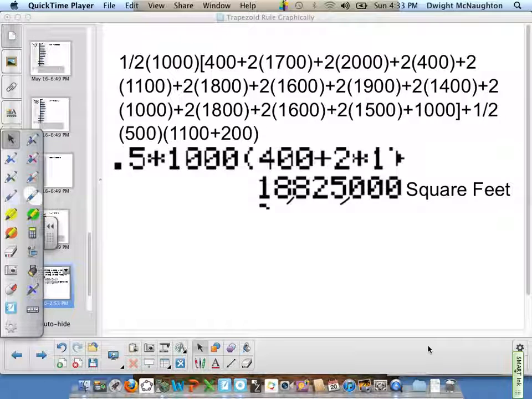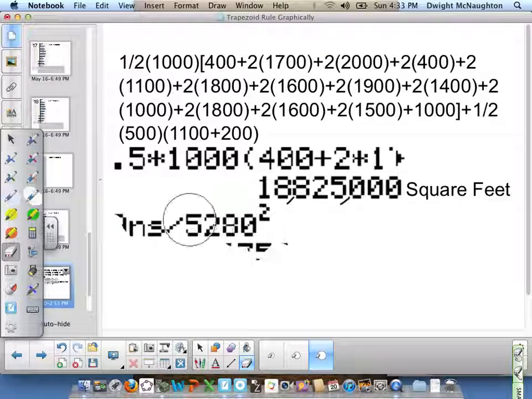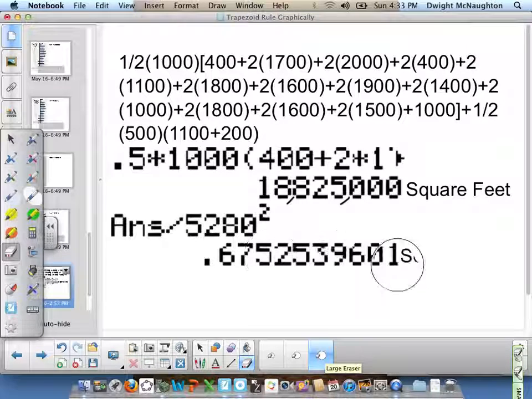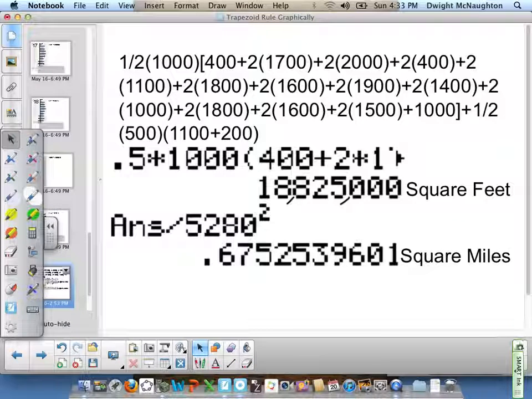But if you know anything about O'Galley, that doesn't sound right. Let's divide by 5,280, because it's square miles or square feet. We need to divide by 5,280 squared, and we get 0.675 square miles, which seems like a much better estimate.